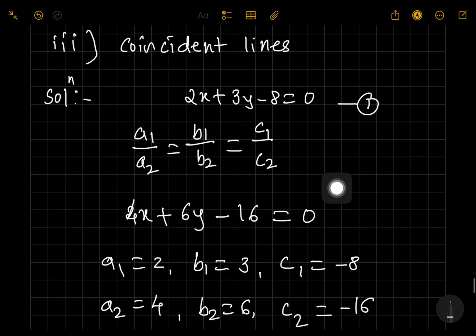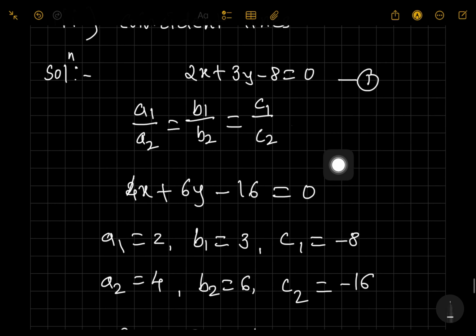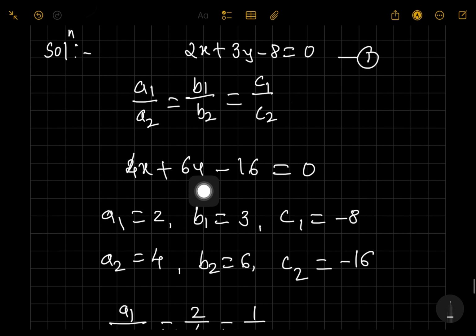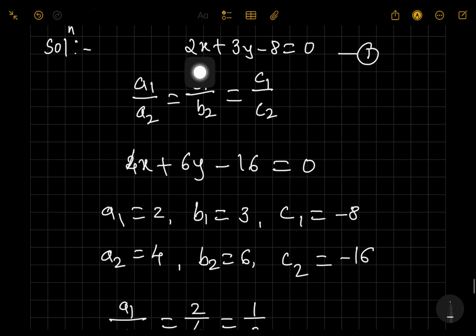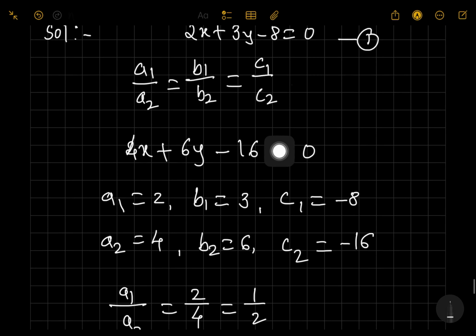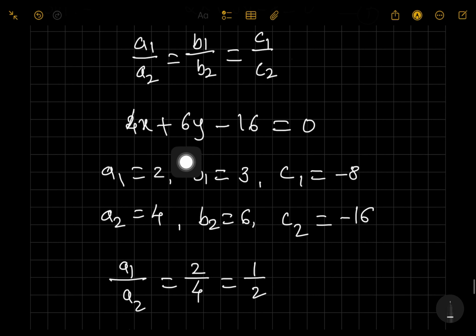We want another equation the same way. So if the ratios are the same, you can also write the double of this equation: 4x plus 6y minus 16, so the ratio comes the same.